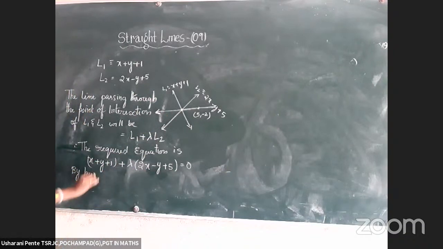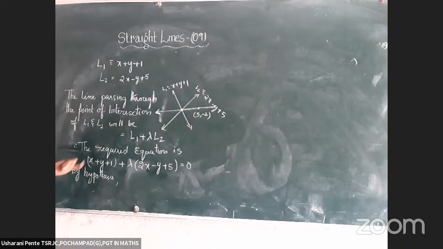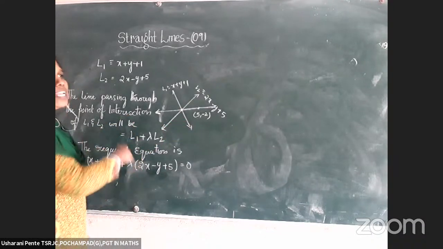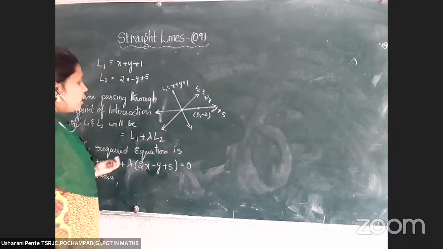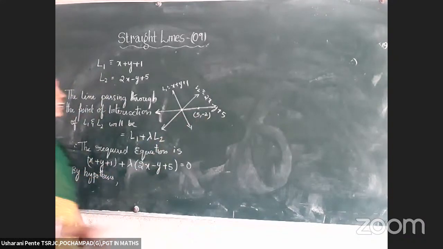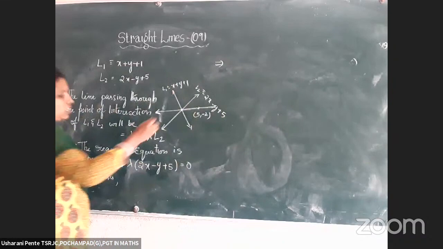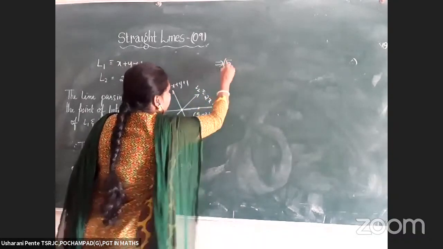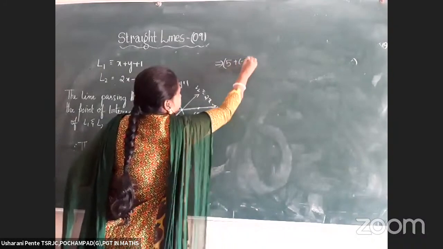By hypothesis, this line is passing through this point, so we are substituting 5 comma minus 2 in place of x and y in the required line. This implies 5, and in place of y I have minus 2.